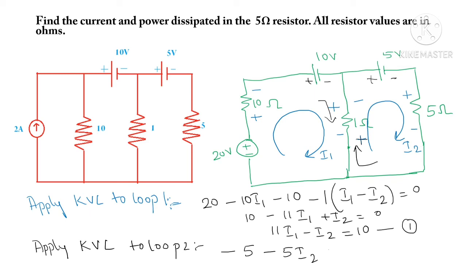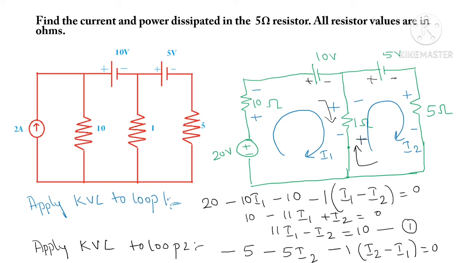So it is minus 1 ohm into I2 first, because we are applying KVL to the second loop. So first comes I2, and it is clear that I1 is in the opposite direction, so it is minus I1 equal to 0.